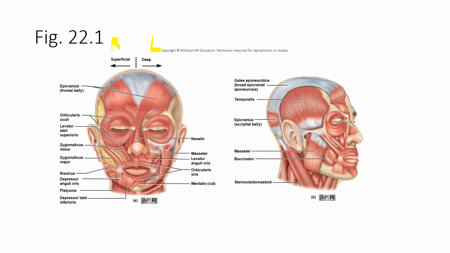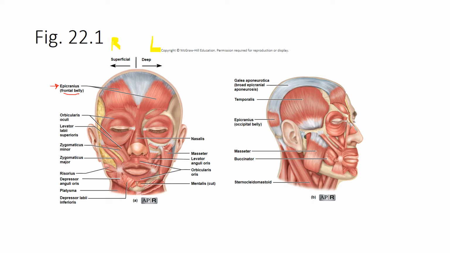So let's say the first one, in the frontal region, like your forehead, you find the epicranius. This is the epicranius frontal belly. As we discussed before, whenever you hear frontal, you expect posterior or inferior, right?